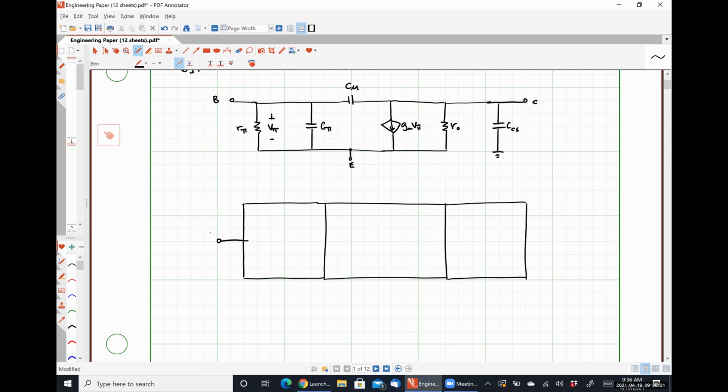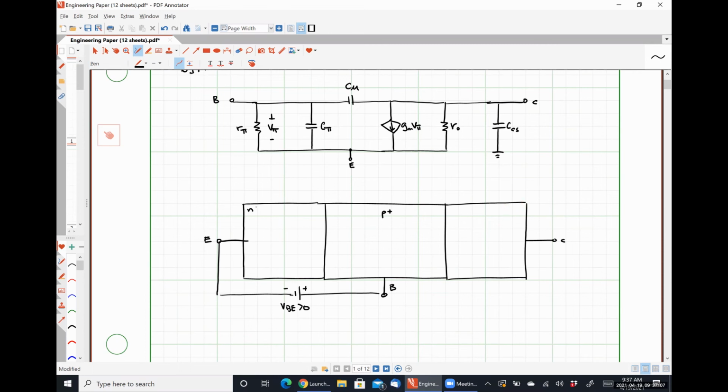Here we have our emitter terminal. Here is our collector terminal. Here is our base terminal. In forward active operation, we have a voltage VBE greater than 0, which is forward biasing the base emitter junction. Actually, I got that backwards.